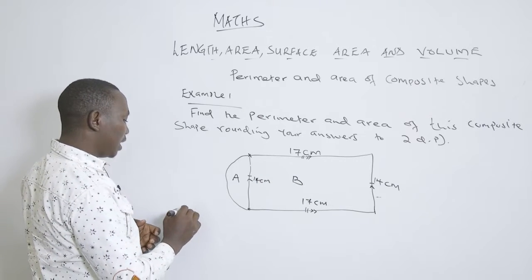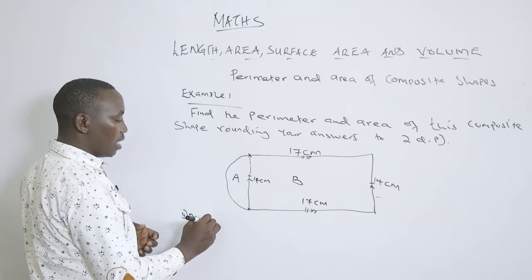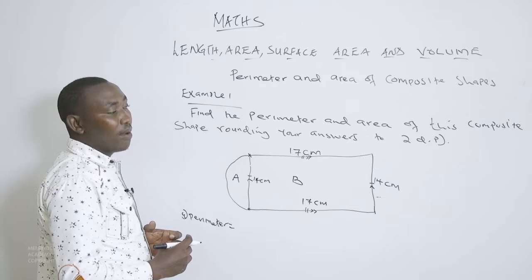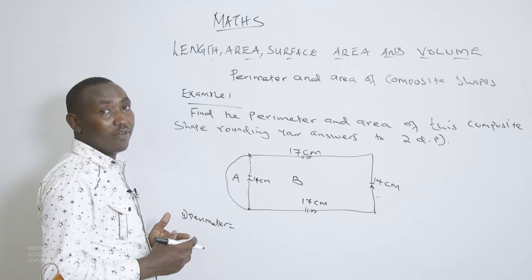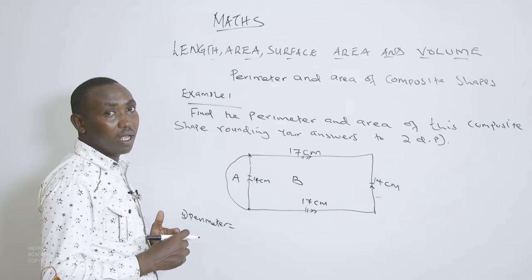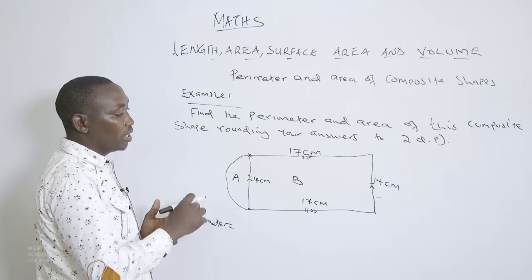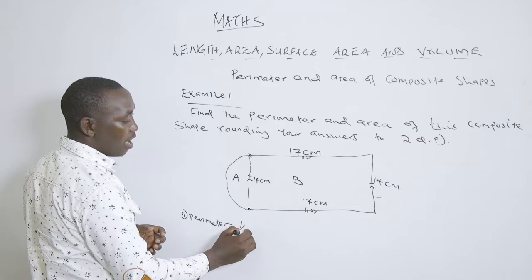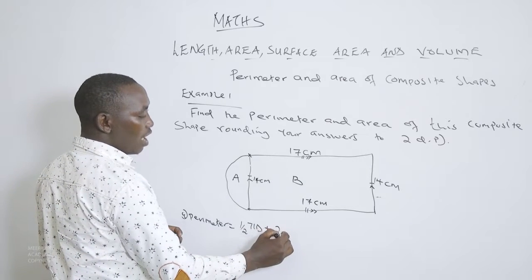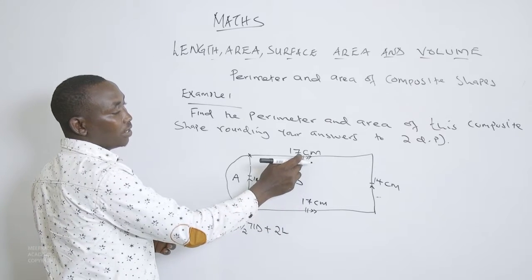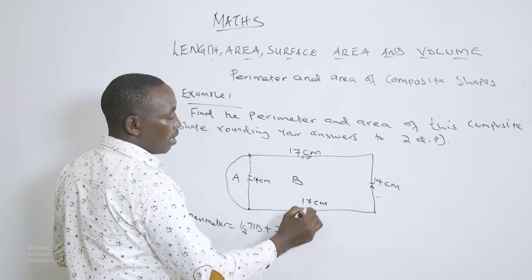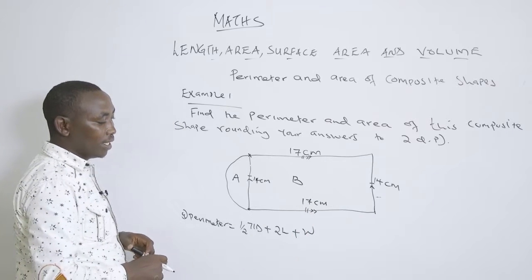So the perimeter will be given by, we understand that circumference is normally given by pi d for a full circle. But because it is a half, we have a half pi d plus twice the length, that is this distance and this distance. Then we add the width, which is 14 centimeters.